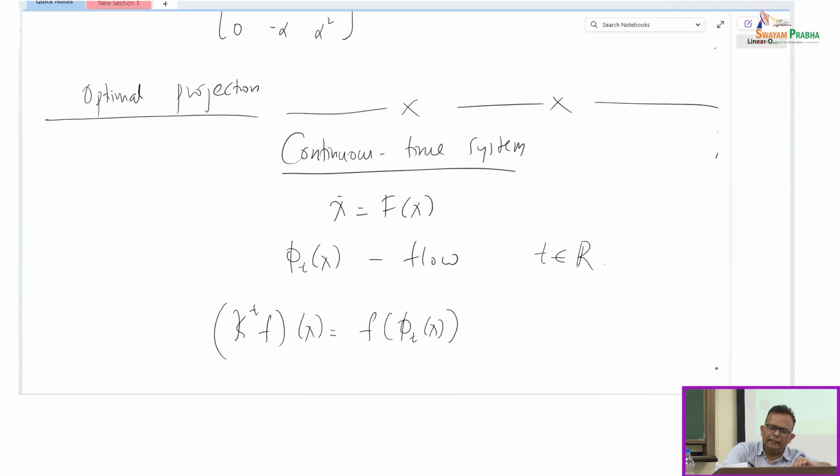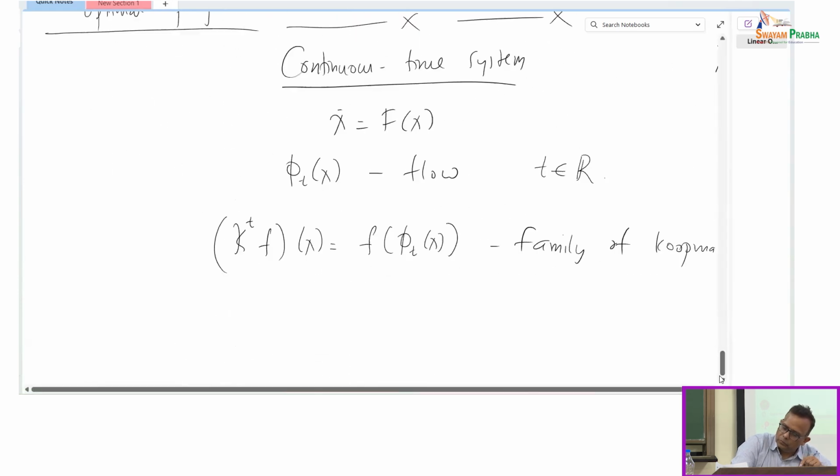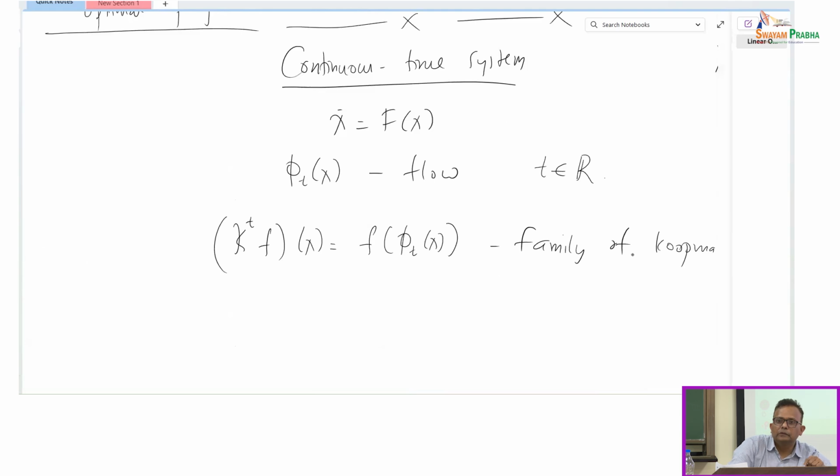And the t superscript here signifies that I can take any time t. I'll call it the family of Koopman operators in continuous time.